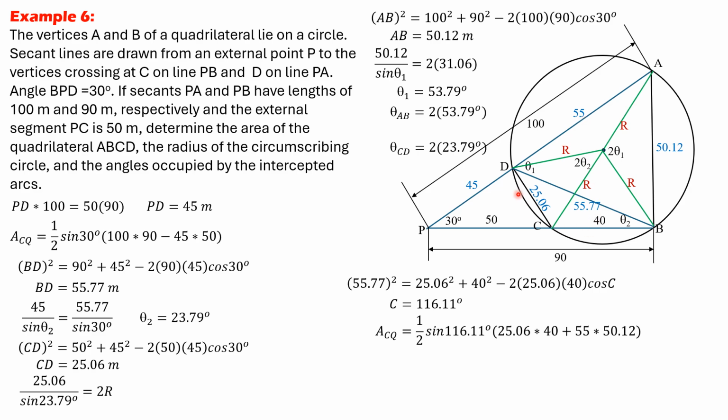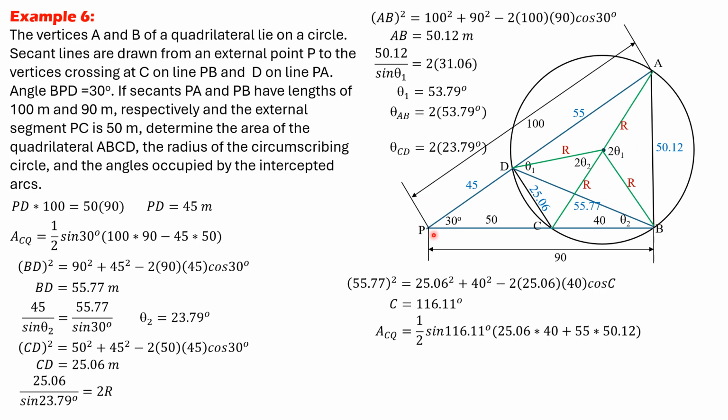So let's solve the sides of the cyclic quadrilateral. We'll solve for BD first. This is BD. And after that, let's solve for CD. And finally, let's solve for AB.